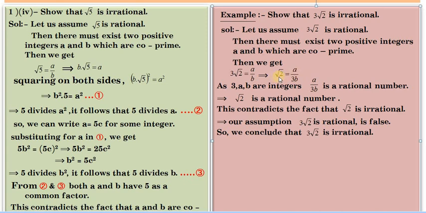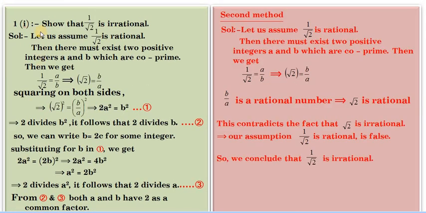But just now we have proved that root 2 is irrational, isn't it? Here we are getting root 2 as rational, but this is a contradiction to the fact that root 2 is irrational. Therefore our assumption is wrong. What is our assumption? 3 root 2 is rational is wrong, it's false. That means 3 root 2 is irrational.